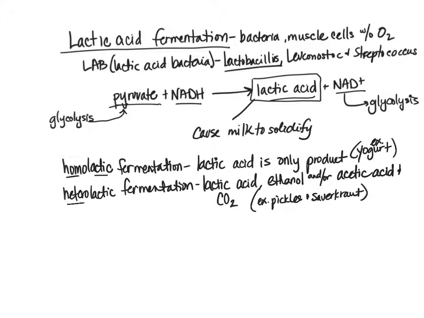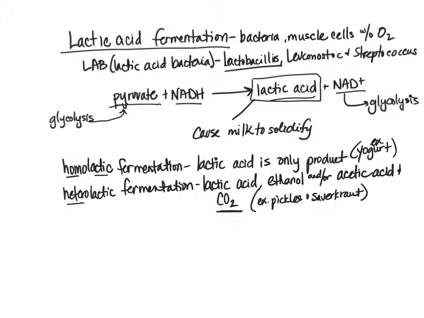Things like that produce that lactic acid, but they also produce other things. And that's why jars of pickles and sauerkraut, when they're fermenting, can burst, because they do produce this carbon dioxide gas that can end up breaking the jars if you're not careful or doing it correctly. In heterolactic fermentation, we often also see they use the PPP pathway for glycolysis instead of the EMP pathway.